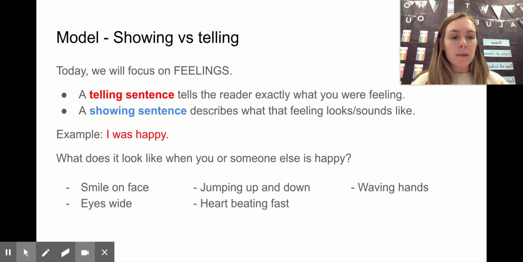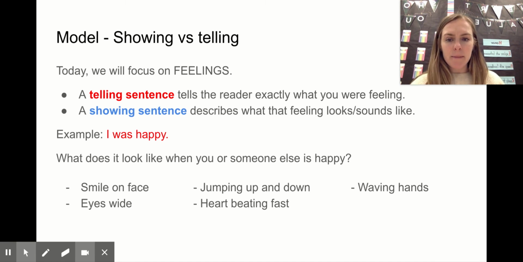Now, I want to make a sentence that describes what this feeling looks and sounds like. So instead of just saying, I was happy, I want to find a way to show what it looks like. I'm going to use some of these descriptions of what happy sounds and looks like in my sentence.